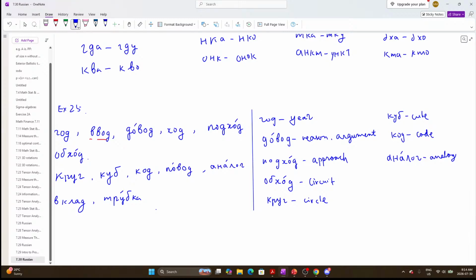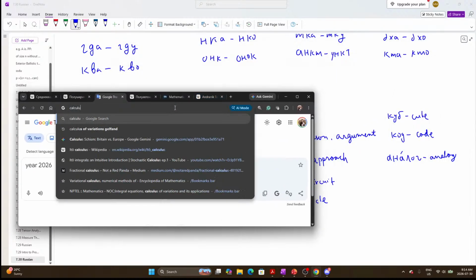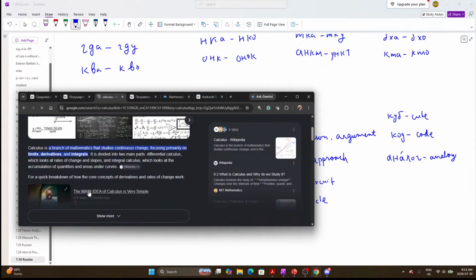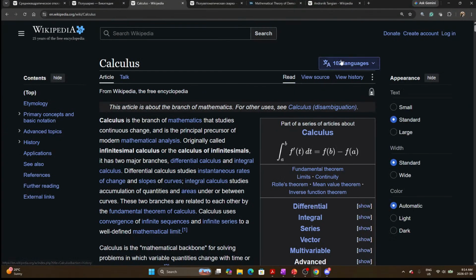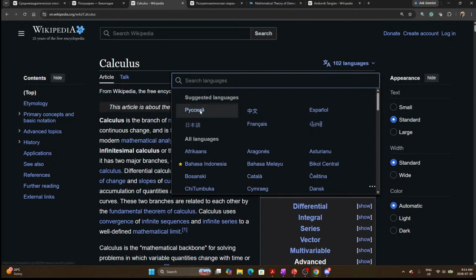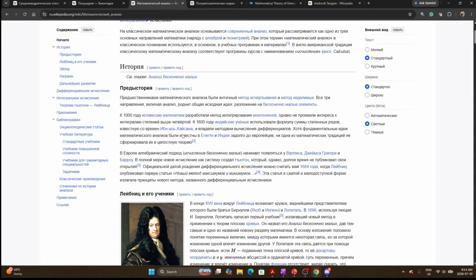Tell me if there's such a word called calculus in Russian, because if you just search calculus, the Russian version would be по-русски, математический анализ. There's no word called calculus in Russian.